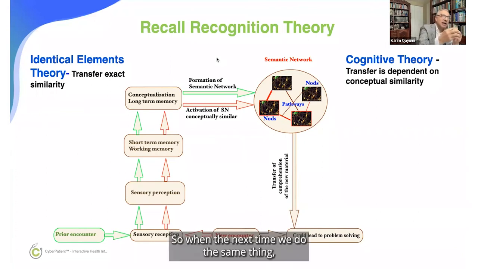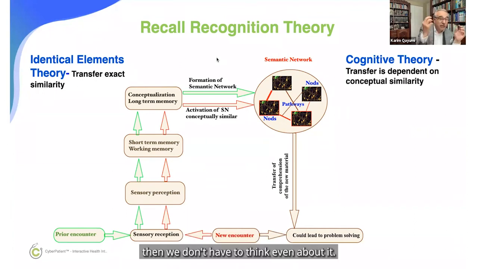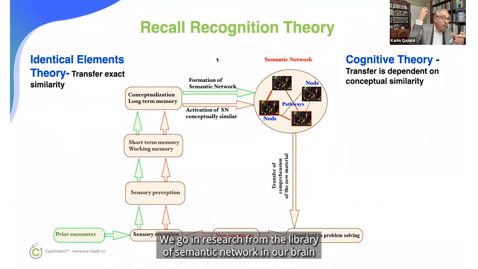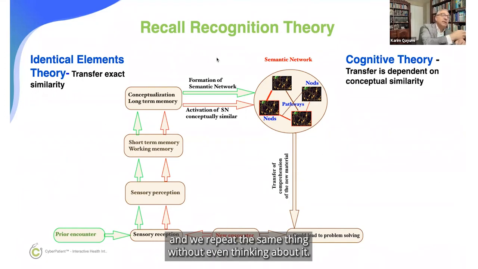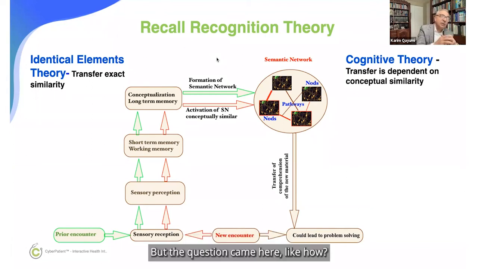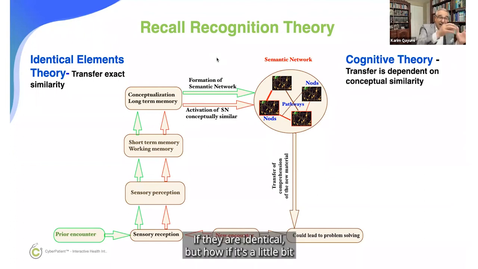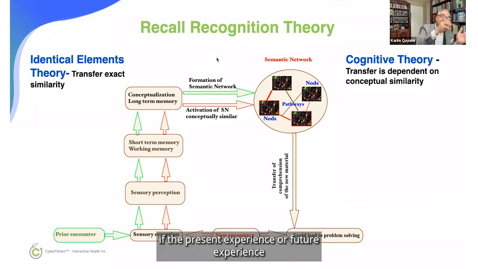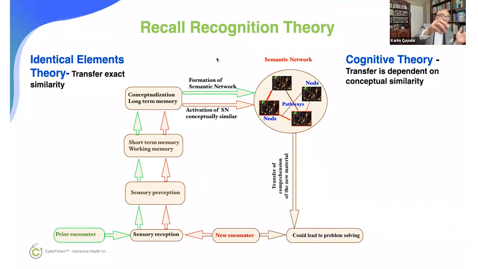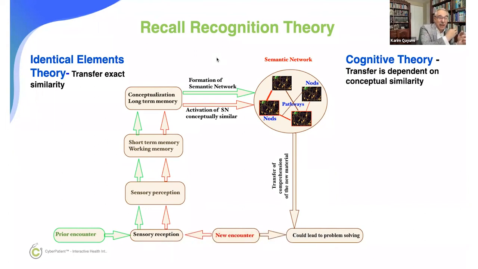So the next time we do the same thing, we don't have to think even about it. We go and reach from the library of semantic network in our brain, and we repeat the same thing without even thinking about it. But the question came here: yes, it's true if they're identical, but what if the present or future experience is a bit different from the past experience we have?